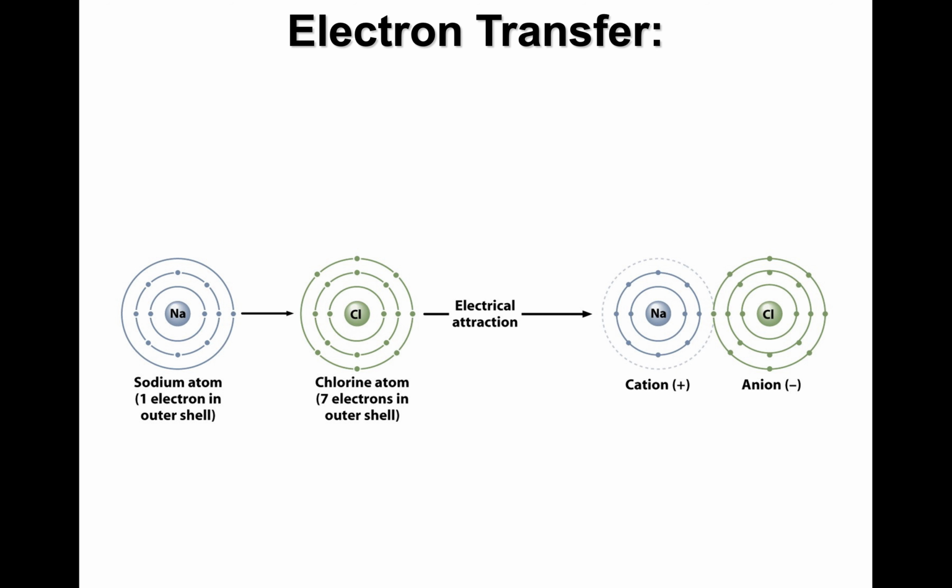So, the sodium is the cation, and the chlorine is the anion, and then they are bonded together, because we have one electron in the outermost shell from the sodium and one gap in the chlorine, and then this one electron from the sodium will fill the gap in the chlorine, and then we have our salt, the halide.